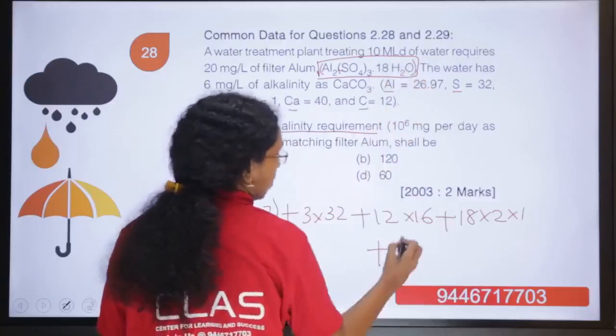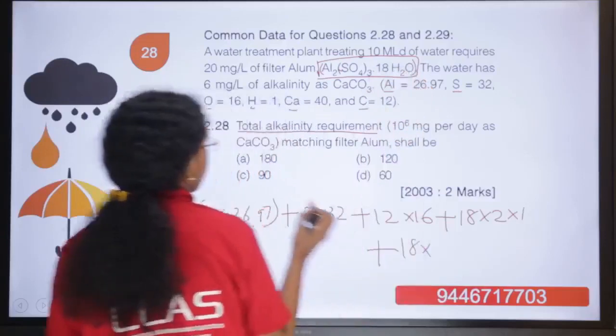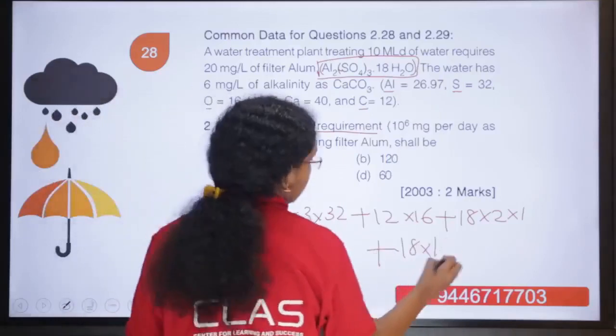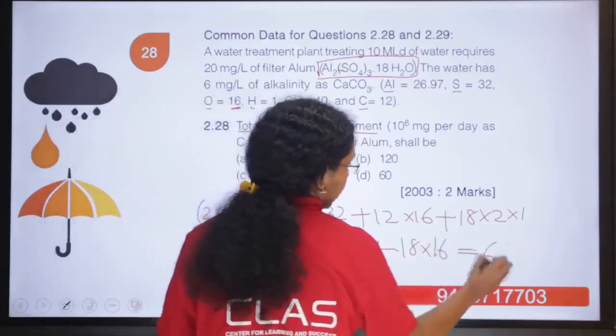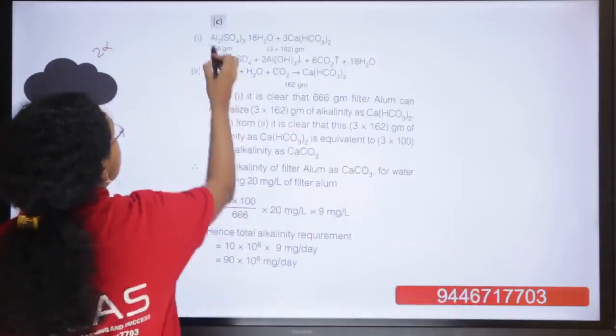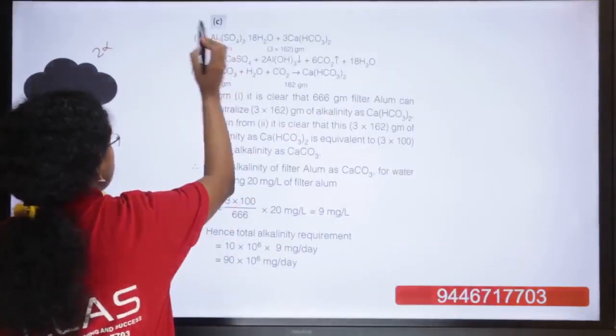So 18 into 16, the atomic weight of oxygen. So we get the total as 666. That is what they have written here as 666.